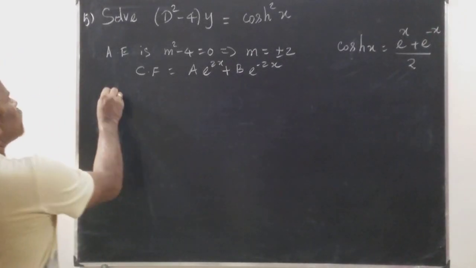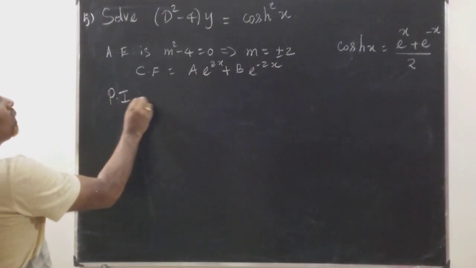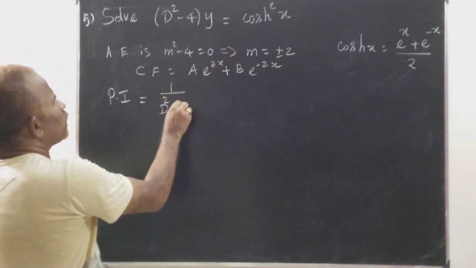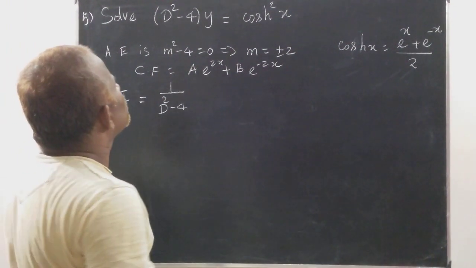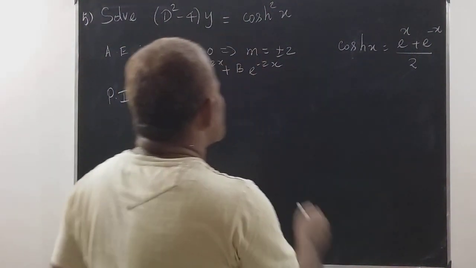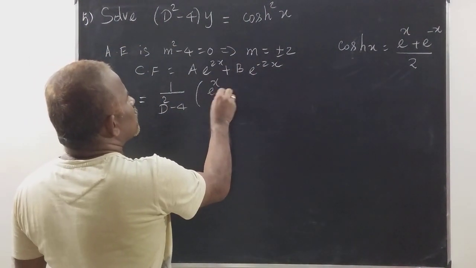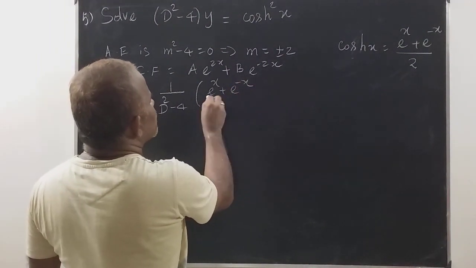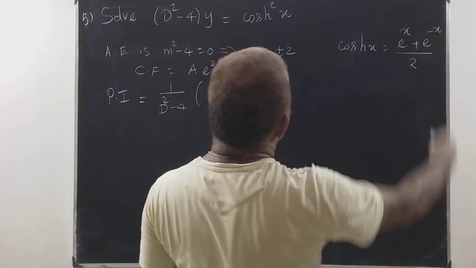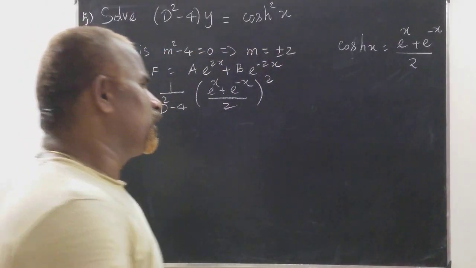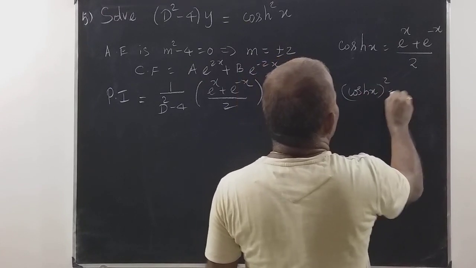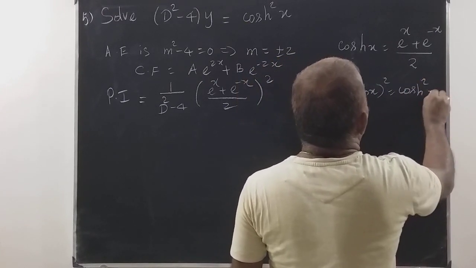Okay. So the particular integral is equal to 1 by (D squared minus 4) into cosh x squared, which is ((e^x plus e^(-x)) divided by 2) the whole square. Cosh x the whole square is cosh squared x.